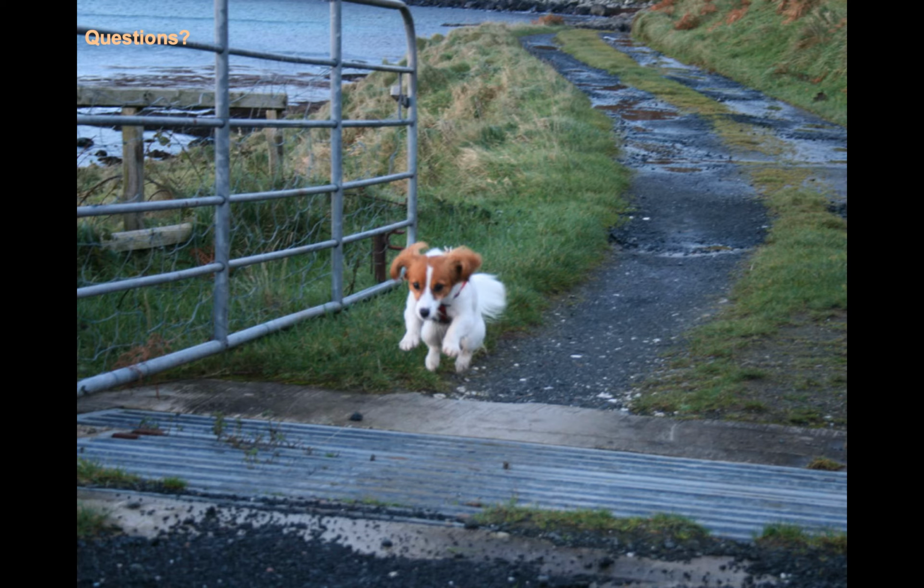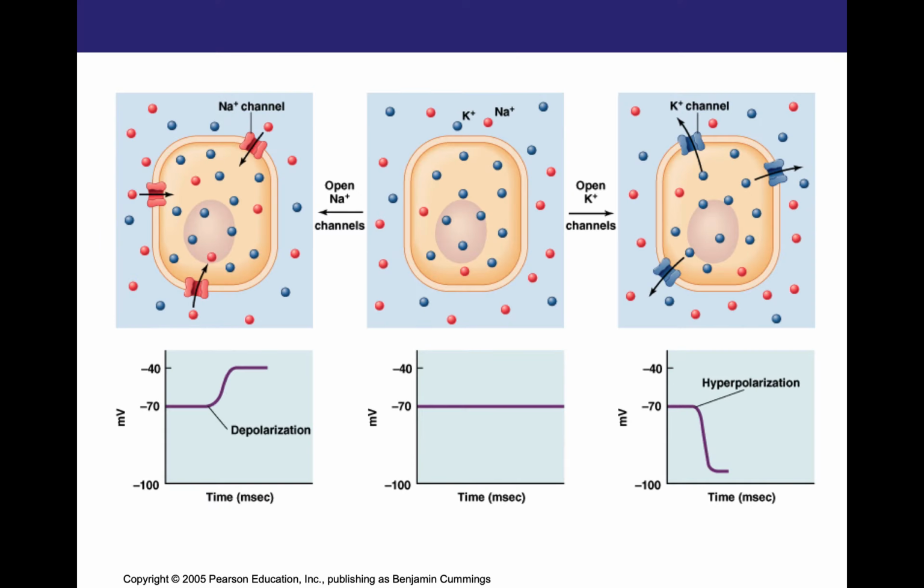I've picked this one up from different textbooks too, I think from a Pearson textbook. I want to introduce the idea of depolarization and hyperpolarization. In this case, if you open up a sodium channel, and if the concentration gradient and, remember, the electrical force are like they usually are at the resting membrane potential, then sodium will enter into the cell.